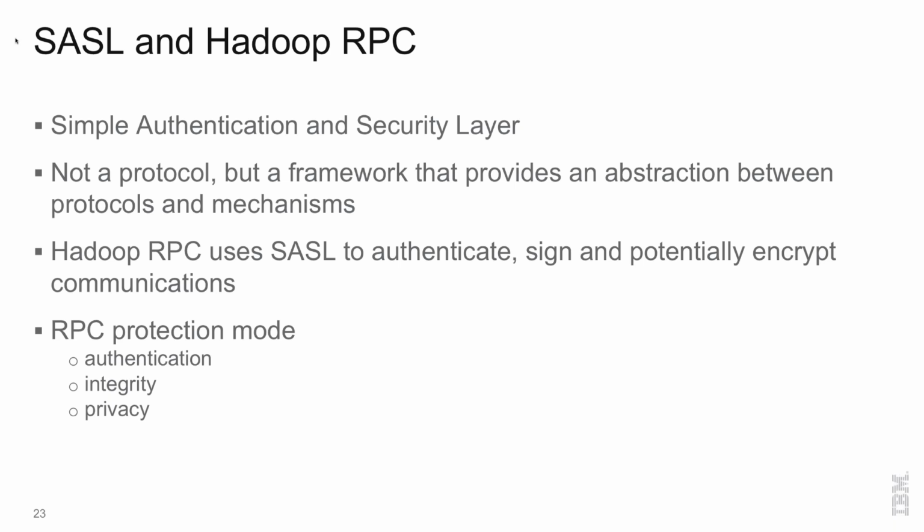So RPC supports not only authentication, but also encryption and integrity. Integrity basically means you have a message digest and compute a checksum to make sure your message is not compromised during transit.